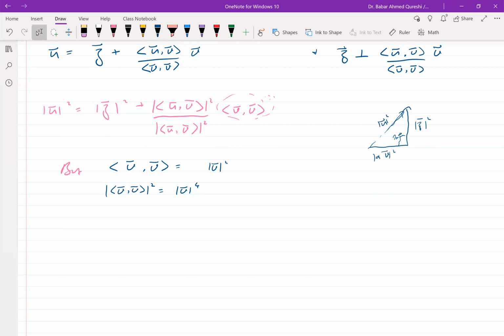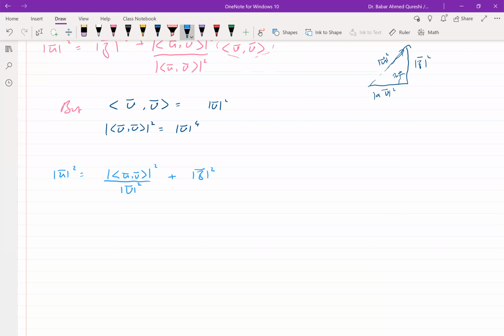So this equation becomes u squared is the square of the inner product of u and v, and I have a v to the 4 and a v squared upstairs, so I am left with the length of v squared, plus an extra positive term.